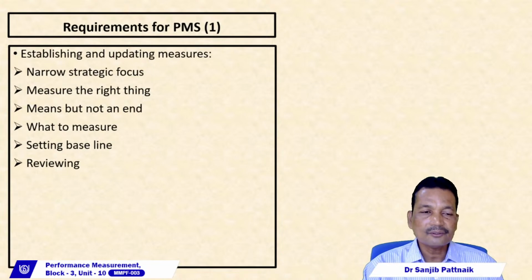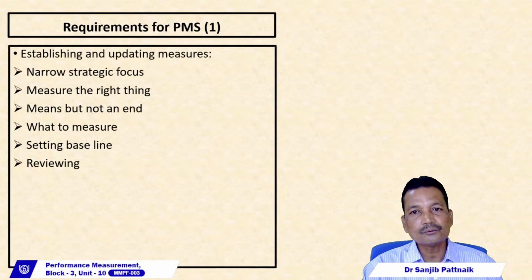Here we try to answer another thing. What is to be measured? A primary thing is we have to see why the measurement should be, or for which activity we want to measure.